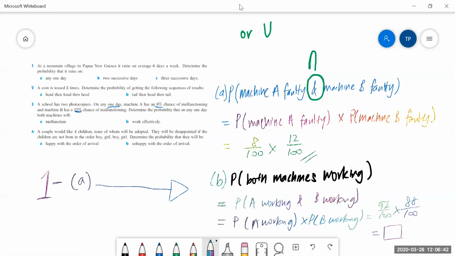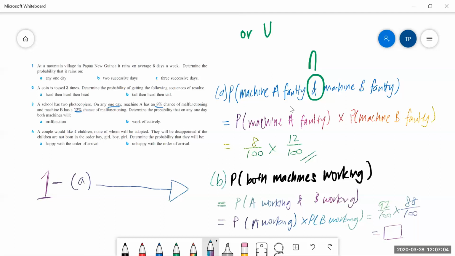Not exactly. Let me explain to you. Can you see my mouse? Yes. Because when you use 1 minus part A, you are finding the complementary probability, right?